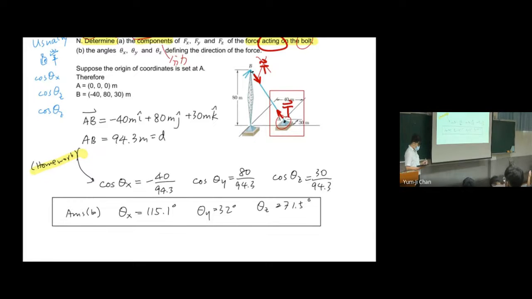This is the answer for part B. Of course, you can answer part B before part A, but please mark your answers with a box.